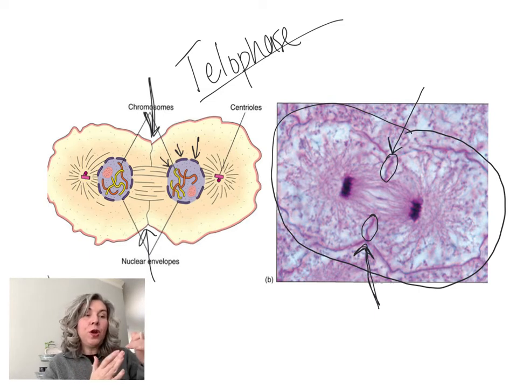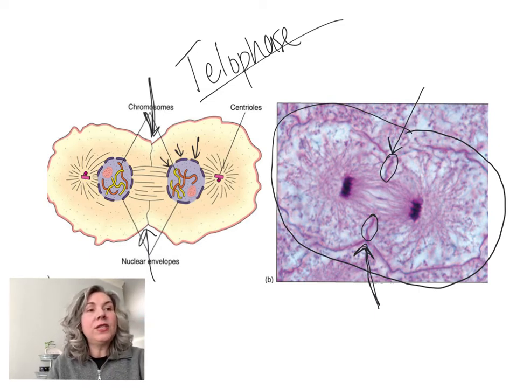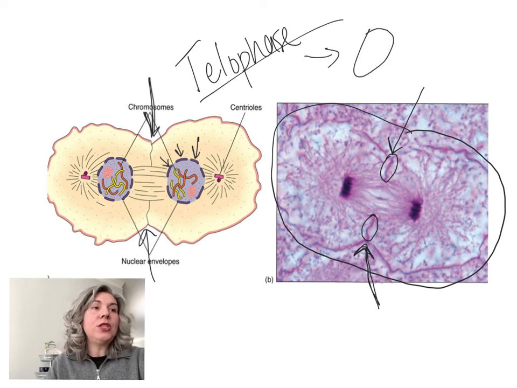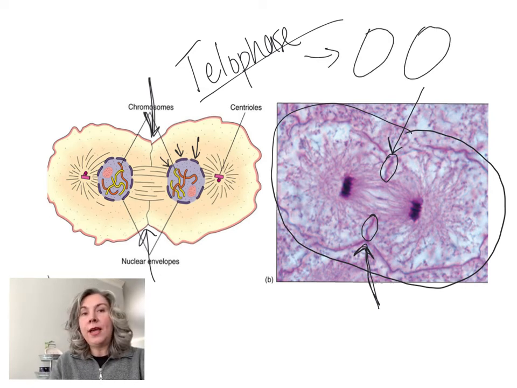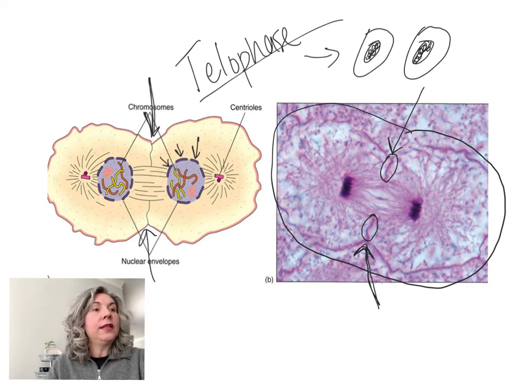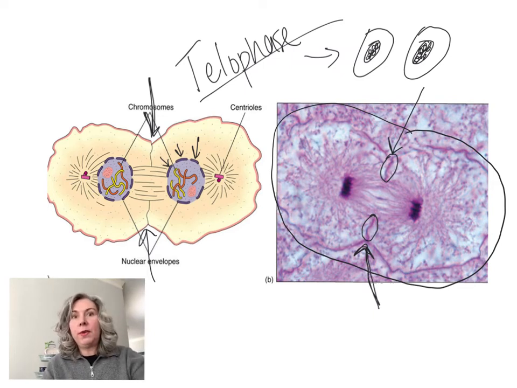That cleavage furrow will continue to deepen until eventually the cell is going to split into two separate daughter cells, and these two separate daughter cells are going to go right back to looking like they are in interphase, because the minute that cleavage furrow deepens and the cells split in cytokinesis, the chromosomes are going to unwind, go right back to that functional form called chromatin.